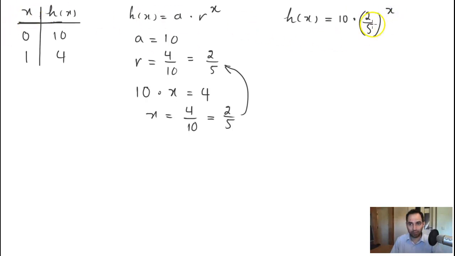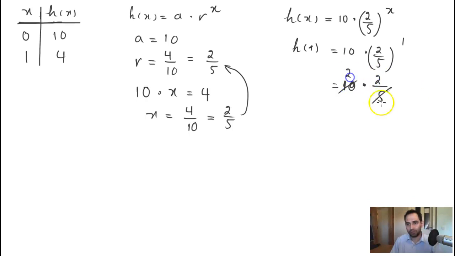Now if your x is equal to 0 here, 2/5 raised to the 0th power becomes 1, and then your output is 10. If your x is equal to 1, then 2/5 raised to the first power is 2/5, and then let me write it down, h of 1 is equal to 10 times 2/5 raised to the first power, and this becomes 10 times 2/5.